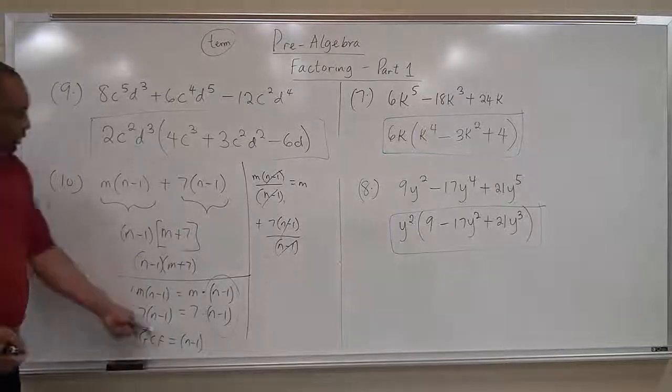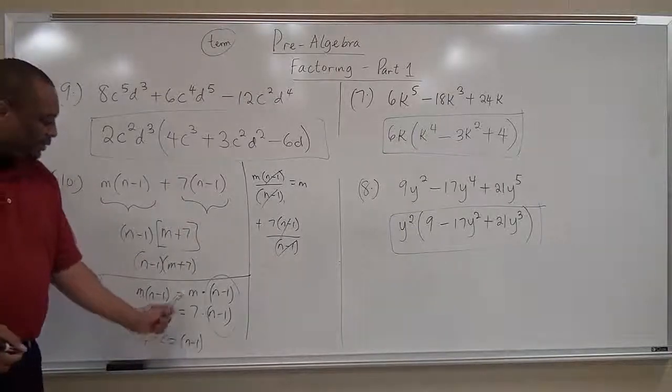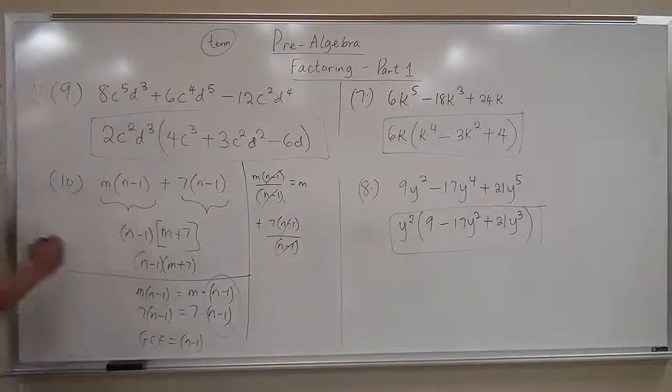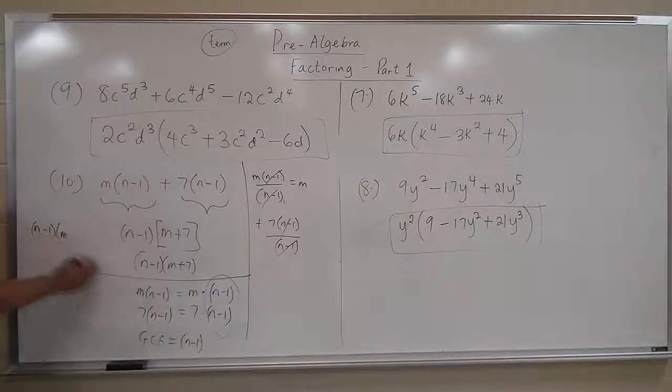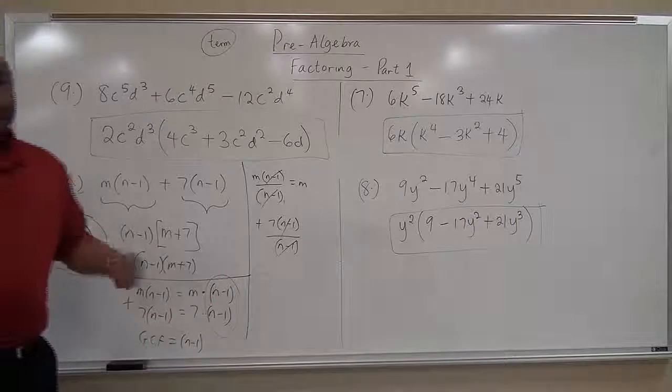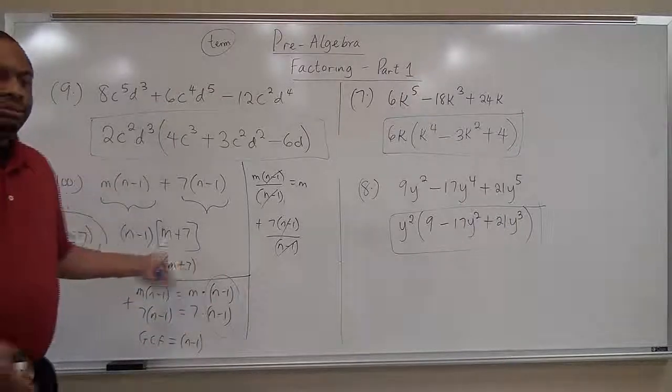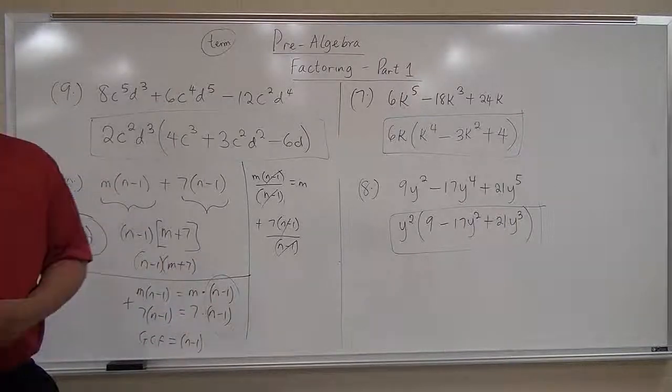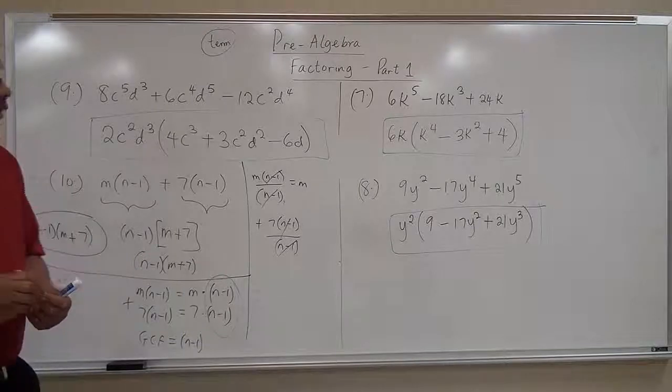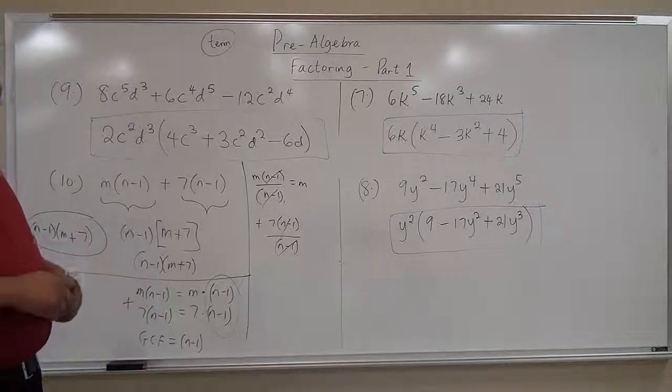So you have the GCF n minus 1, then what is remaining here is m, then plus 7, and that is it. It's just another way to look at it.